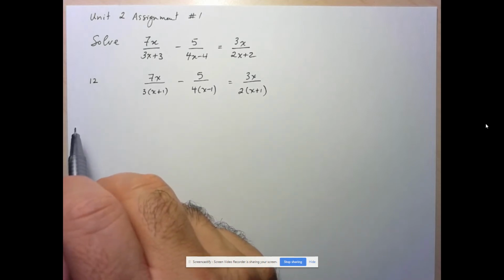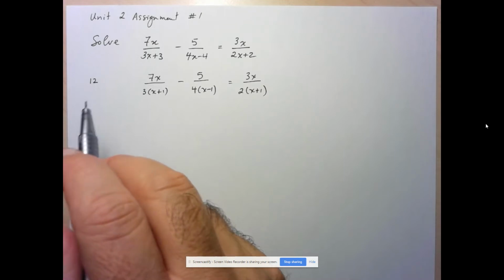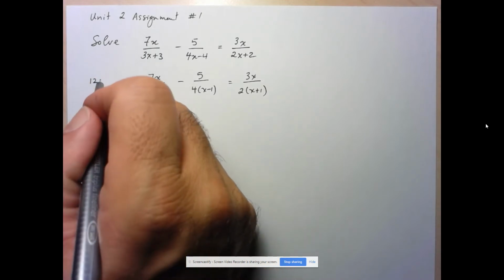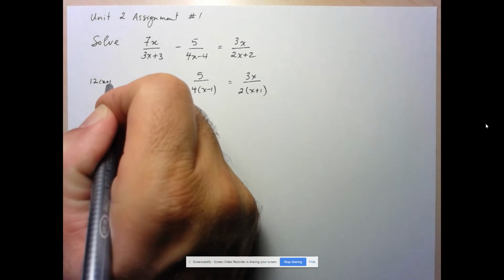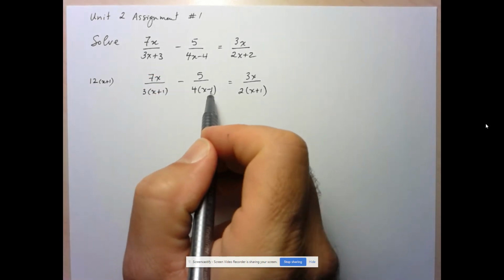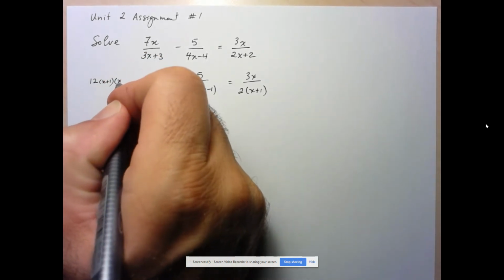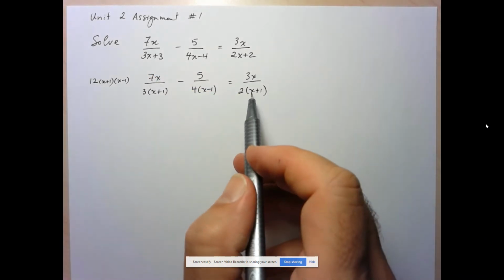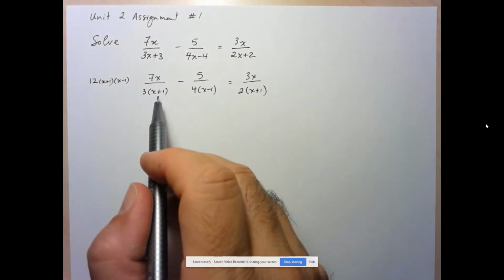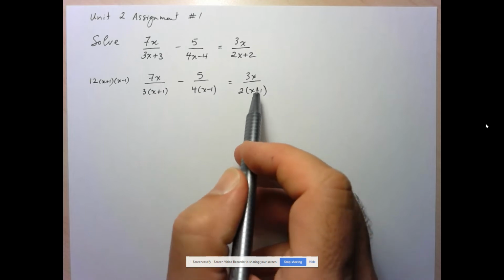And then let's take a look at the factors with variables in them. So I'm going to need an x plus 1. I'm going to need an x minus 1 from the second denominator. But I already have the x plus 1 from the previous denominator, so I don't need to take another factor of x plus 1.